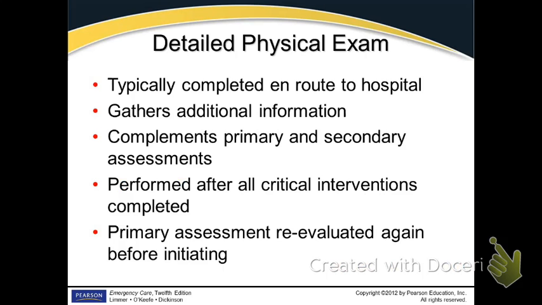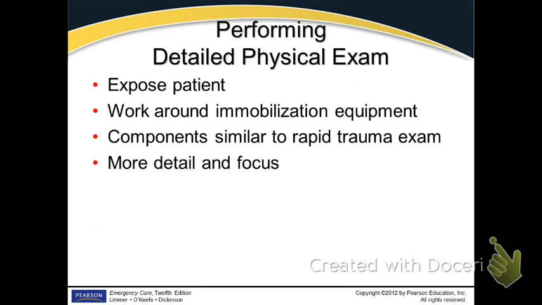And then the other exam, once you get en route, the detailed exam is just the same as the medical exam. You keep gathering information. You want to treat what you see, if you can treat it. If you can't treat it, then at least identify it, and then keep reevaluating.